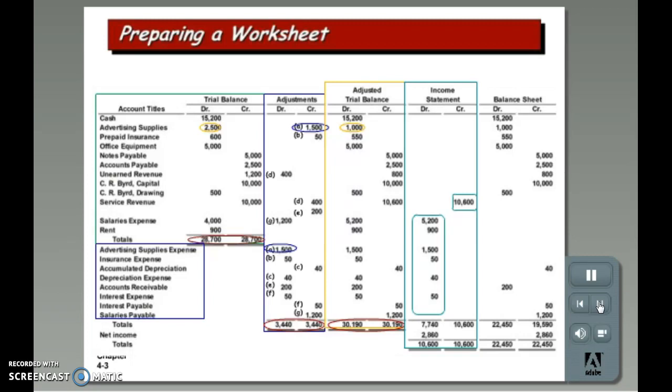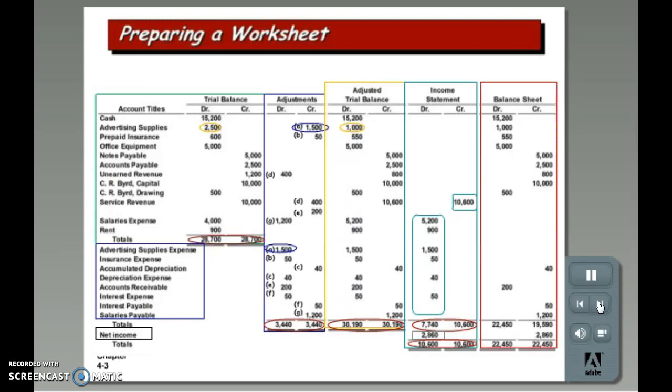Total debits, expenses are $7,740 and credits, revenues are $10,600, resulting in net income of $2,860. After the net income is included, total debits of $10,600 equals total credits of $10,600.